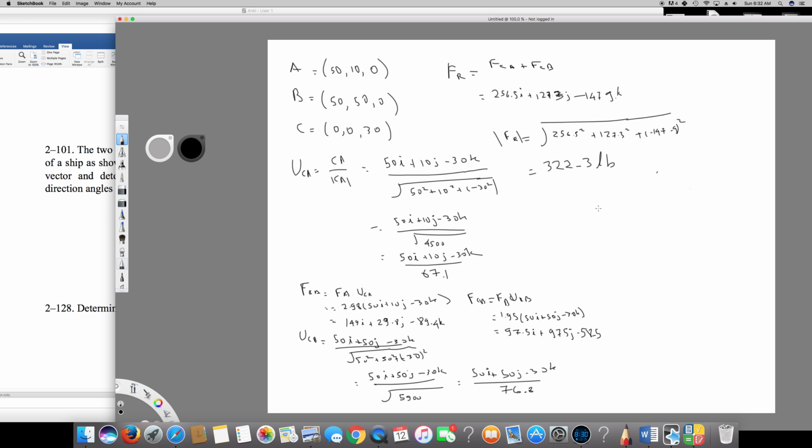If I take alpha first, alpha is going to be equal to cos inverse of this I value over 322.3. So the I value is 256.5 over 322.3. So this is my alpha.